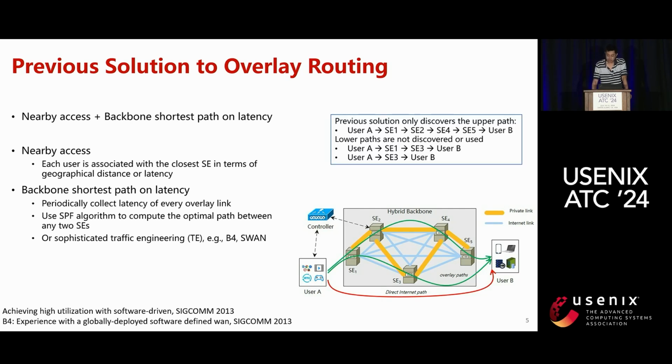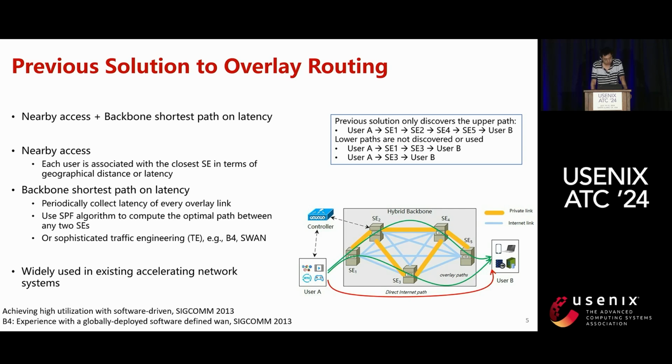So we can find one issue here. In this approach, we can find the path from user A to SE1 to SE2 to SE4 and SE5, then user B. But this approach cannot find other alternative paths, like from user A to SE1 and then SE3 directly to user B, using SE3 as a single hop.